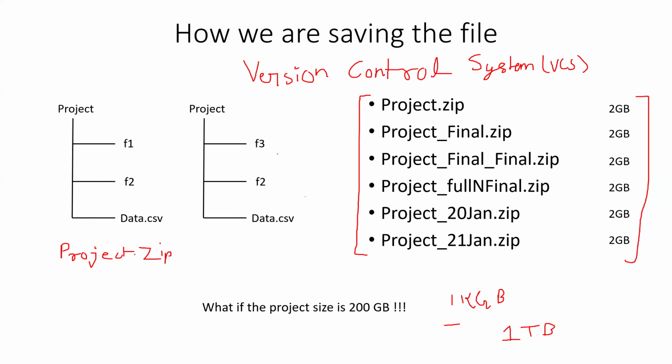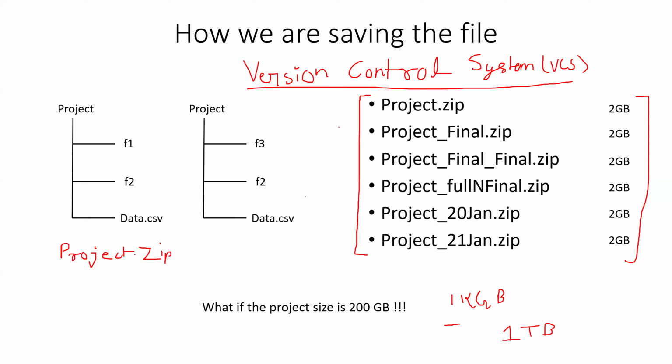So what is a version control system? It is a mechanism, or a system, where you can manage different versions of the same code or the same project. You make a couple of changes to it, and then you can manage it and store it, so there is no need to create multiple copies of it.